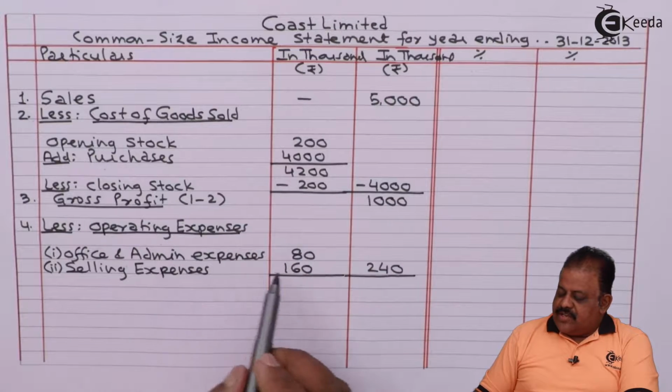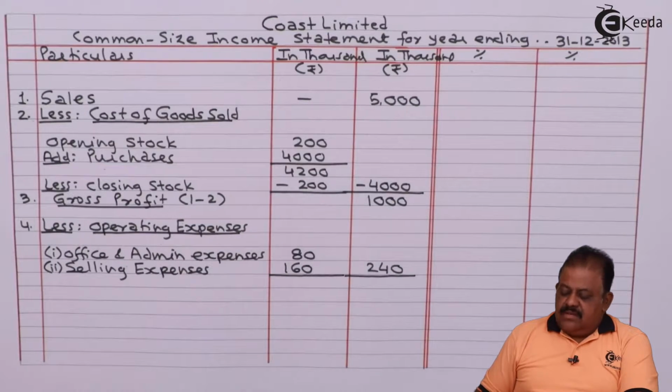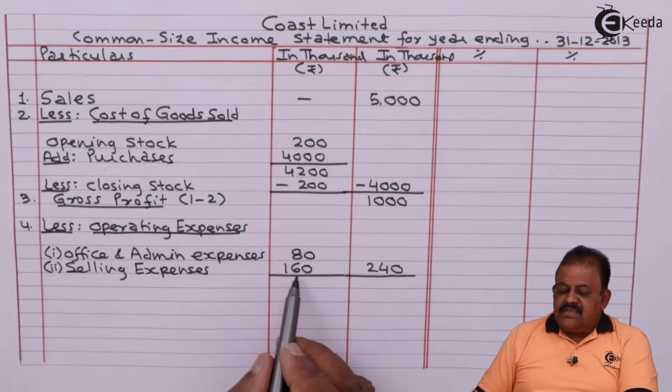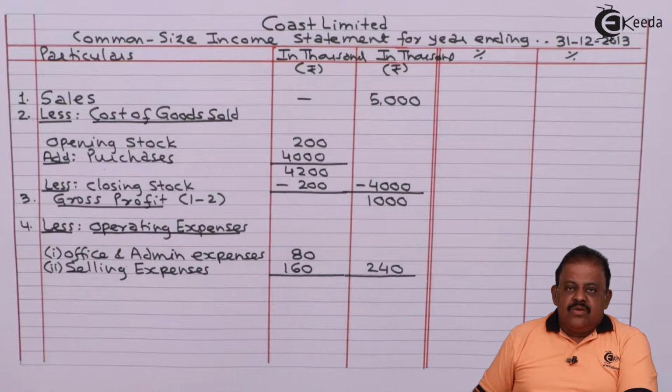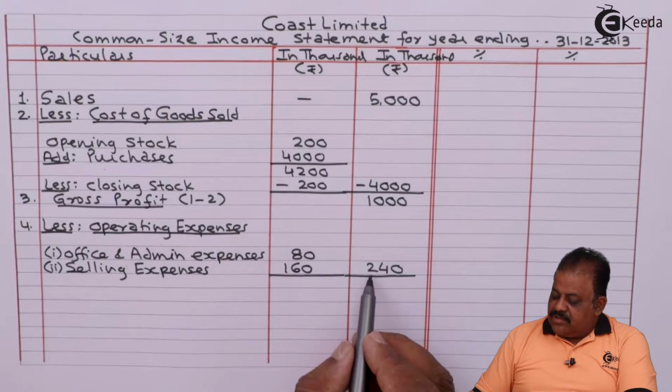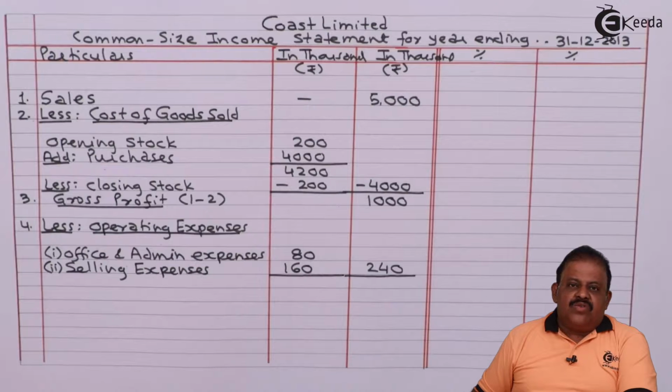Office and administration expenses 80, selling expenses 160, total operating expenses 240.